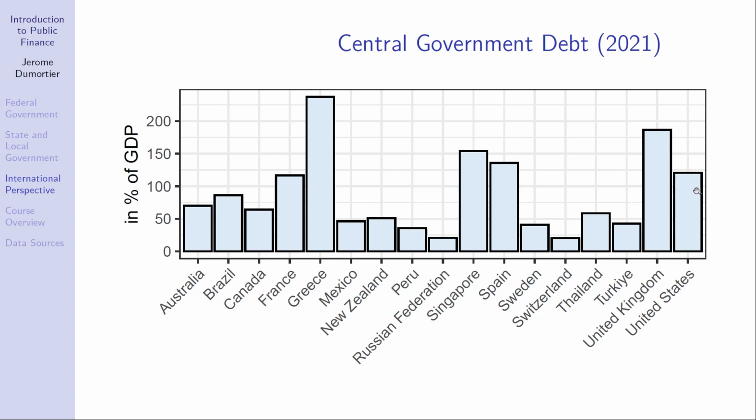Those countries include, for example, the United States as well as the United Kingdom. And of course, you also have other countries, for example France, Greece, Singapore, or Spain. You can see that there are countries like, for example, Switzerland or the Russian Federation that have less than 25% in government debt as a share of GDP.